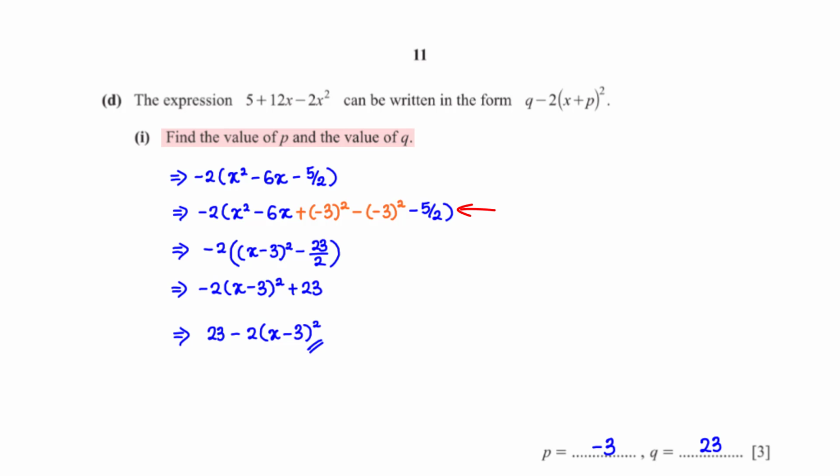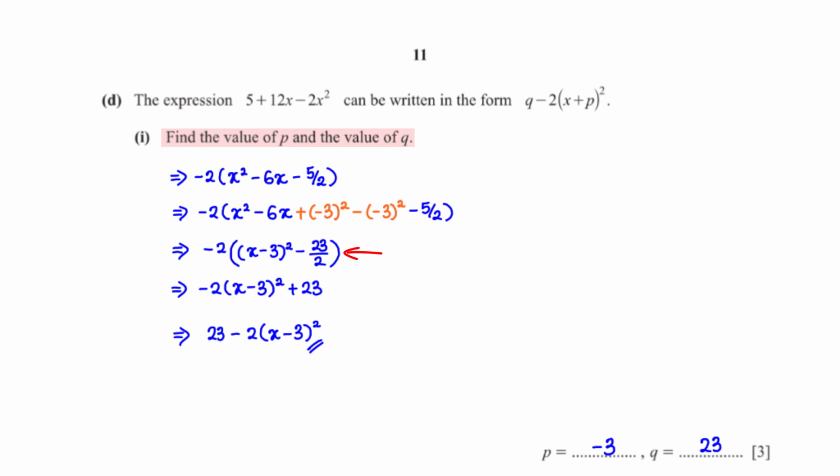Now that we have the expression in this form, this first section of the expression can be rewritten by taking the x of the x squared, then taking the constant term negative 3, then writing it as (x minus 3) all squared. When we type the other section of the expression, which is minus (negative 3) all squared minus 5 over 2, into the calculator, we have negative 23 over 2.